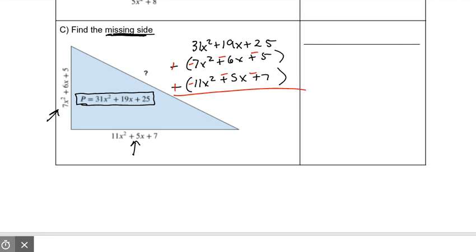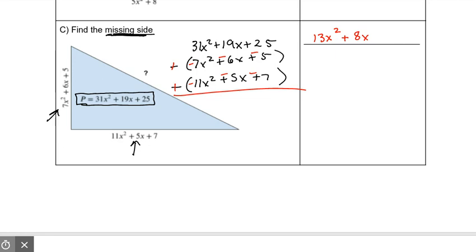And now I'll add up my like terms. So for the x squareds, 31x squared plus negative 7x squared plus negative 11x squared. That is going to be 13x squared. For the x's, 19x plus negative 6x plus negative 5x. That is going to be positive 8x.